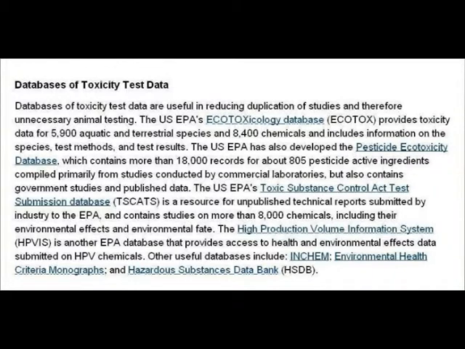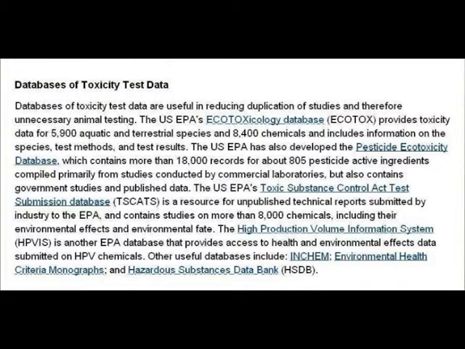The US Environmental Protection Agency's Ecotoxicology database, ECOTOX for short, provides toxicity data for 5,900 aquatic and terrestrial species and 8,400 chemicals, and includes information on species, test methods and test results.